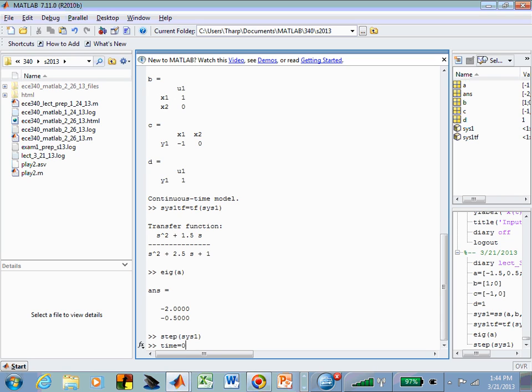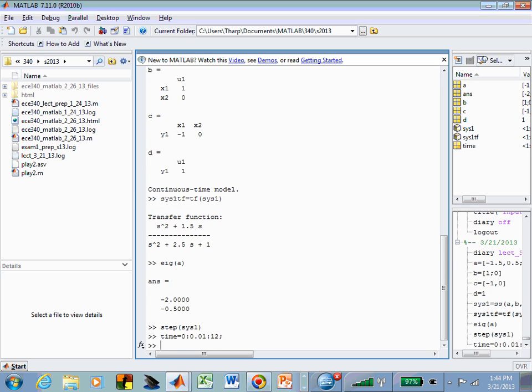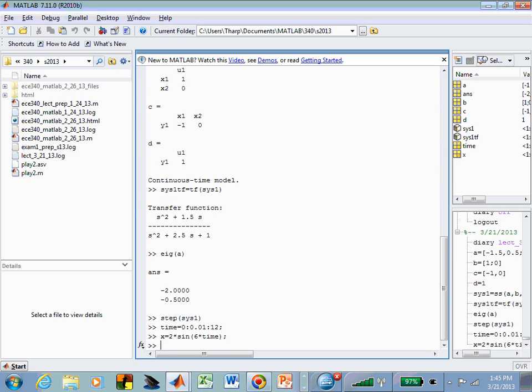Let's say 0 time, and you know what? I'm going to make this a little bit finer. We needed to be 0.03 or less. 0.01 is easy to type. And how long did I say to 12? So there's our time. Our input x was 2 times sine of 6 times time. And I don't want to display all that time.